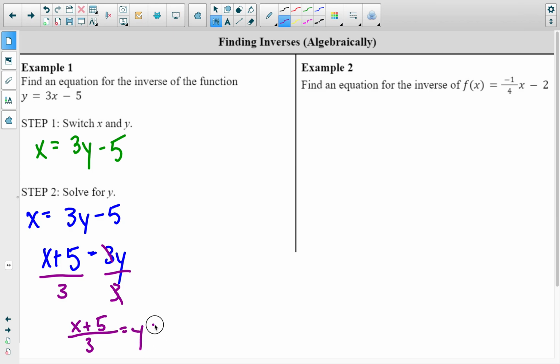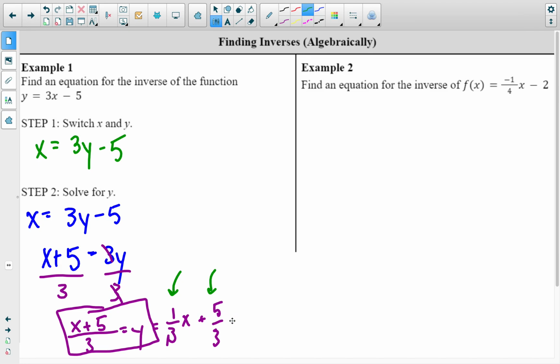Another way you could see this is y equals 1/3 x, or x over 3, plus 5 over 3. Remember that when we break up the numerator, we have to divide both parts by 3, but I'm fine if you just leave it as a big fraction over 3. However, it's easier to identify the slope and the y-intercept if we break it apart.